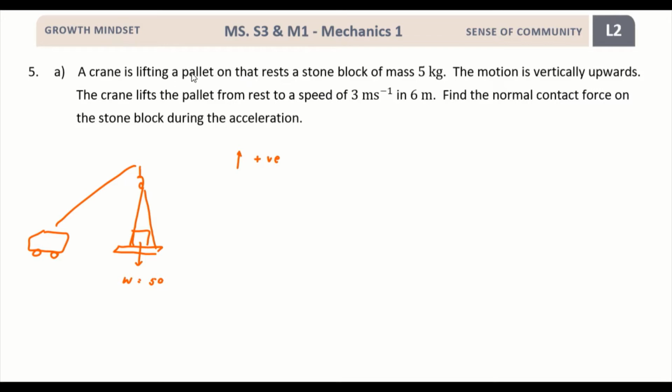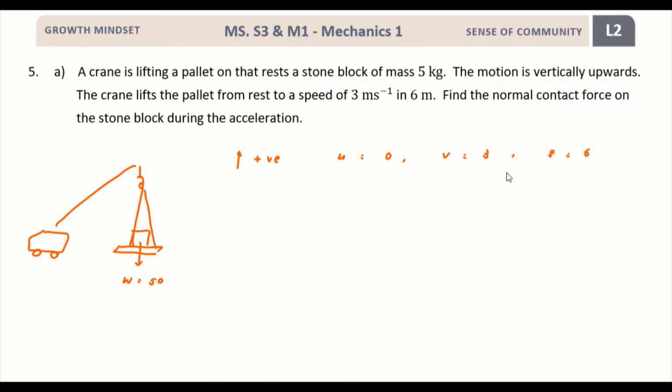Okay, so the crane lifts the pallet from rest to a speed of 3 meters per second. Since going up is positive, the initial velocity is 0, then the final velocity is 3. In 6 meters, so the total displacement is 6, positive as well because going up is positive. If you want to put going down as positive, then it will be negative and negative, because these two are going up, right?